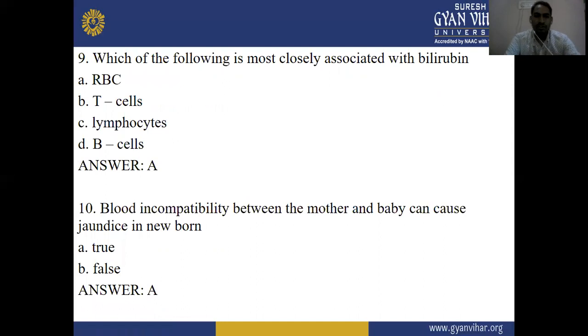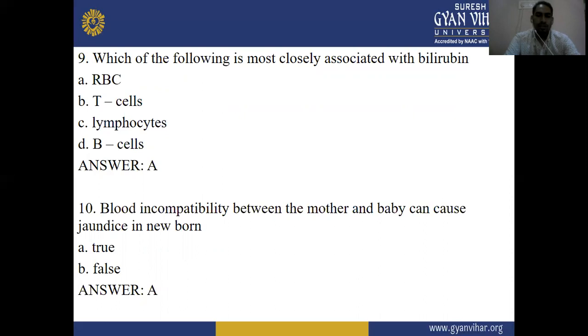Next question: which of the following is most closely associated with bilirubin? Option A, RBC, option B, T cells, option C, lymphocytes, and option D, B cells. The right answer is A. RBC is most closely associated with bilirubin.